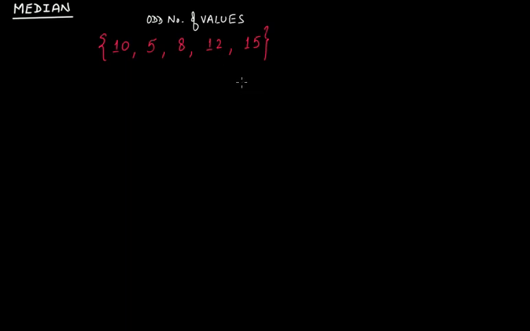Now what you have to do is, whenever you have to calculate median, whether the data set contains odd number of values or even number of values, in all the cases you first have to arrange your data set either in an ascending order or in a descending order.